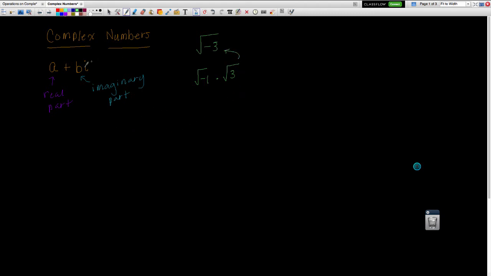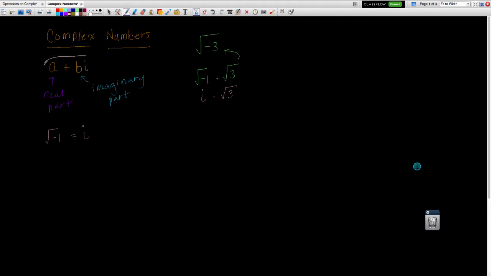Well, imaginary numbers, complex numbers, tell us that the square root of -1 is i. So if we have the square root of -3 and we break that down to the square root of -1 times the square root of 3, this is i times the square root of 3. We can't simplify that any further.